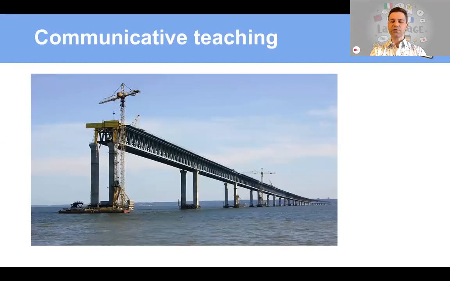And also communicative teaching is like building up a bridge. So it's bridging gaps and helping the learner to acquire new information, to learn new phrases, develop new skills. And this not necessarily comes through cognitive skills. Sometimes it comes through practice and through exposure, which also would be important.